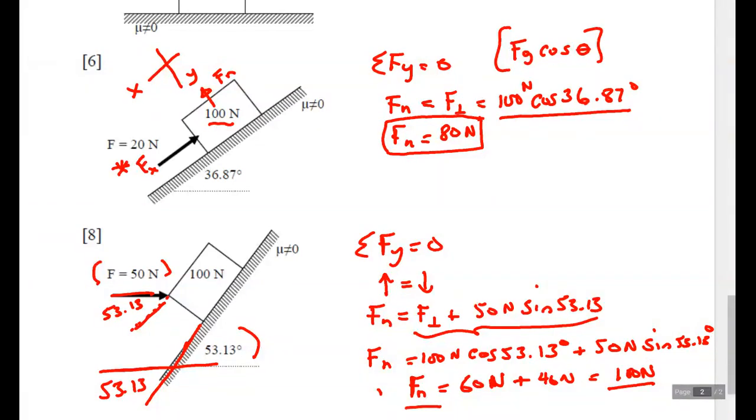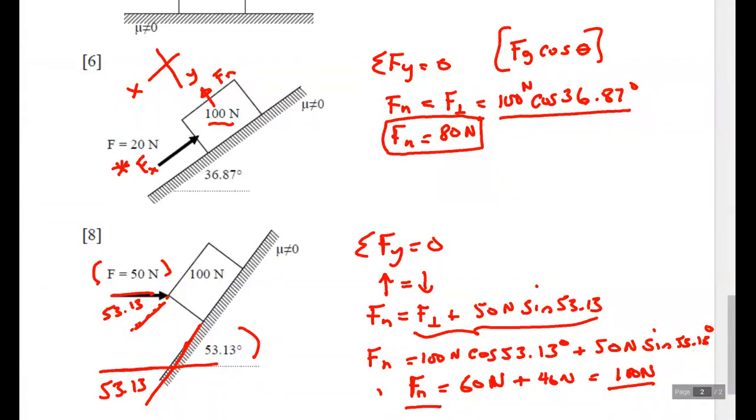So I'm doing the same thing each time. Sum of the forces in the y direction equals 0. I want to find the normal force. It's a y force. The up force on this box is only the normal force. The down force is the perpendicular component plus the vertical component of the applied force, which acts downward. Somebody's pushing on this box, maybe pushing this box upward, or at least trying to push the box upward.